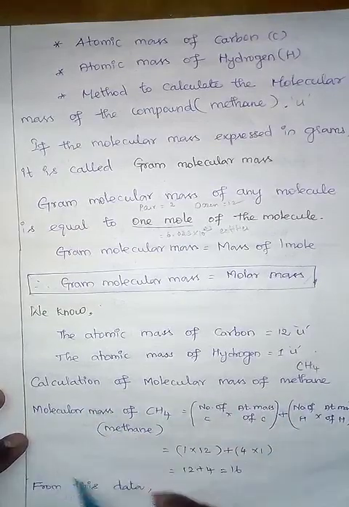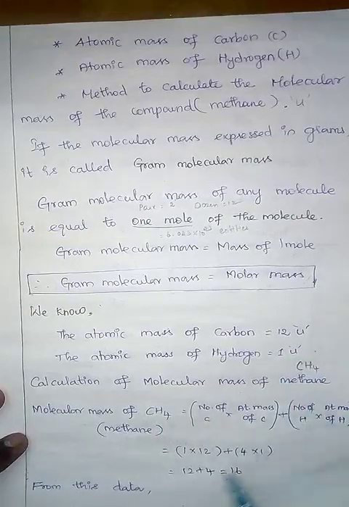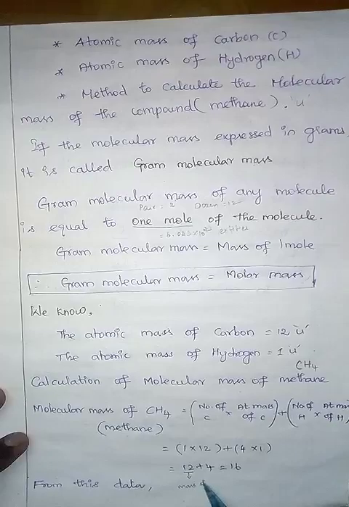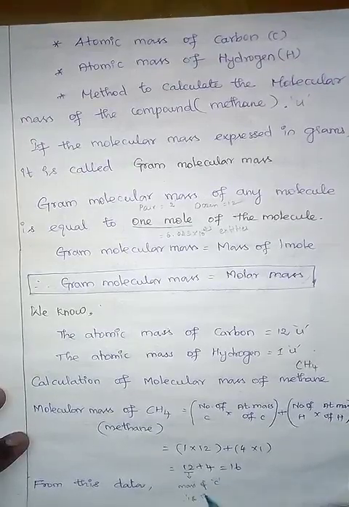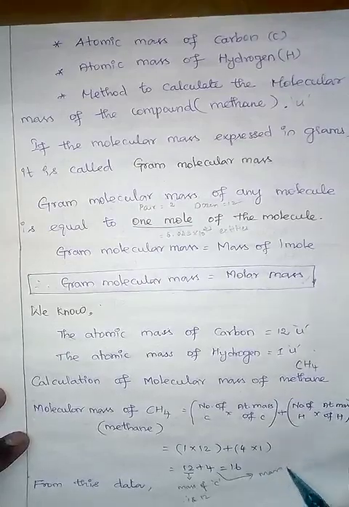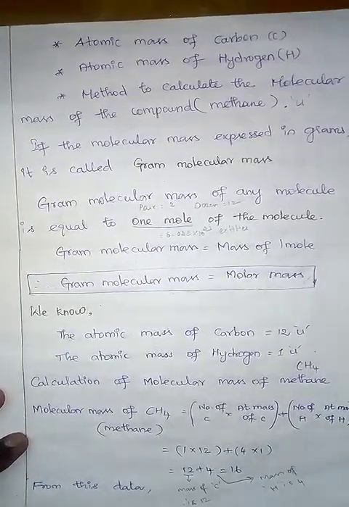From this data, what have you understood? Look at this. In methane, the mass of carbon is 12. Similarly, in methane, the mass of hydrogen is 4.